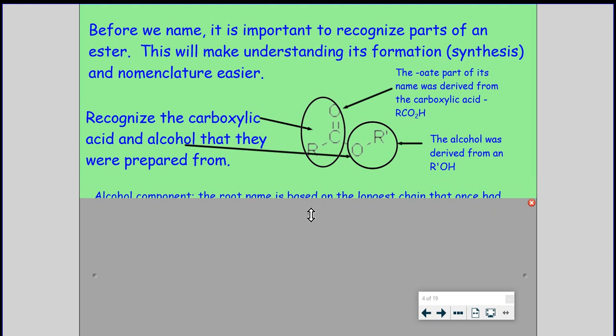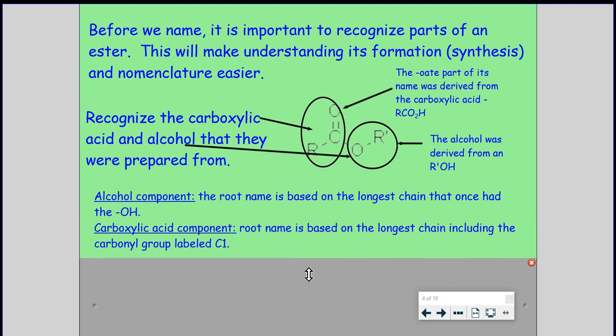It's important to recognize where these came from, because the alcohol component's root name will be used as the first portion of the new ester name, and the carboxylic acid will be the second portion of the ester name, where the first carbon is the one attached to the carbonyl.